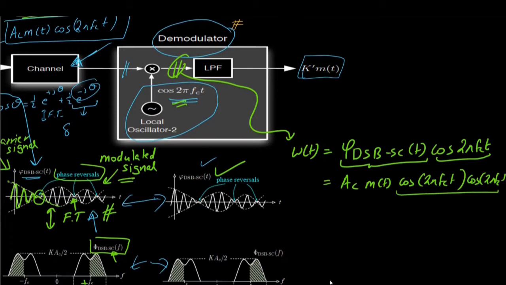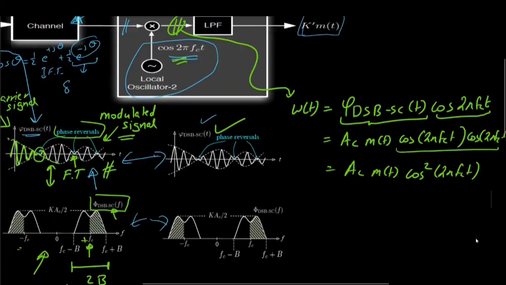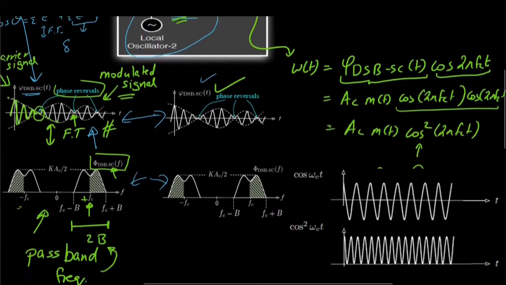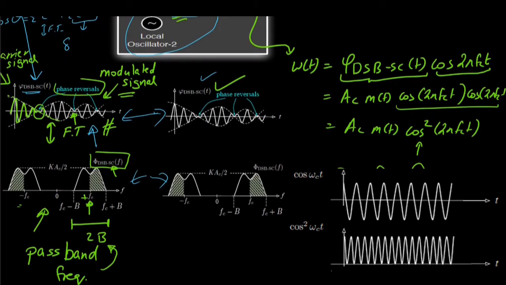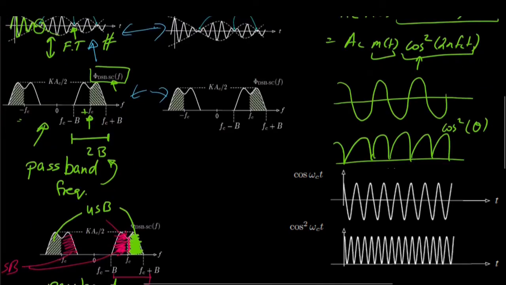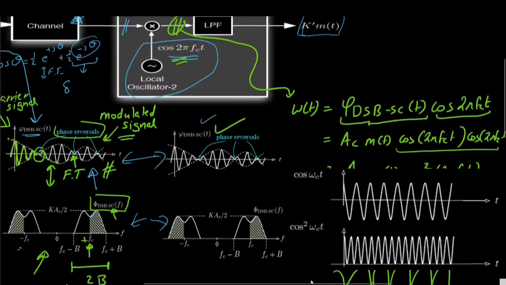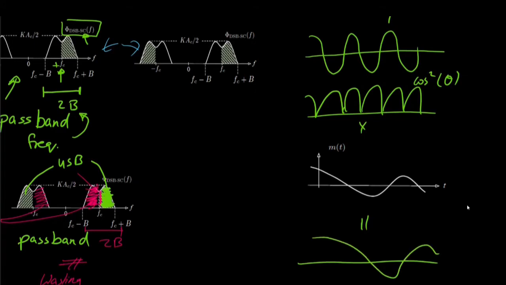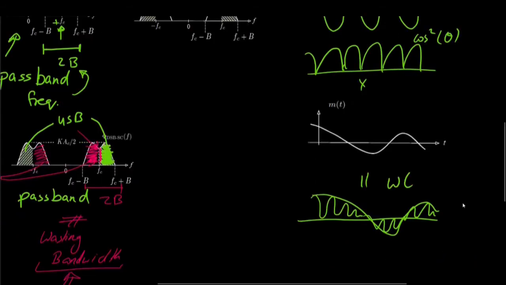So we would have A_C m of t cos square 2 pi fc t. Let us visualize this signal in the time domain. If we have this function as a cos function and we take its square, the negative lobes would be rectified up. If we multiply this with the message signal represented over here, we would eventually have a signal which is again having this shape, which is w of t.